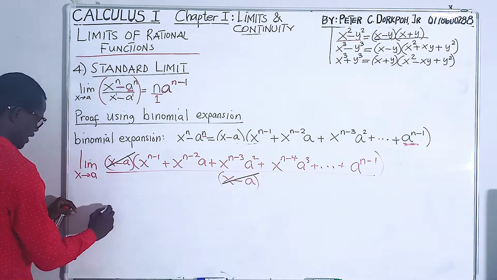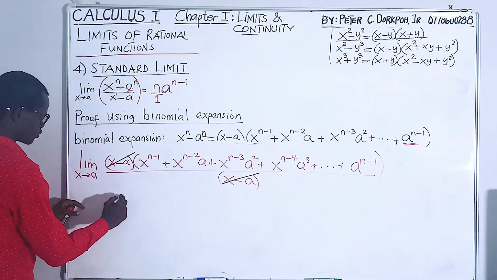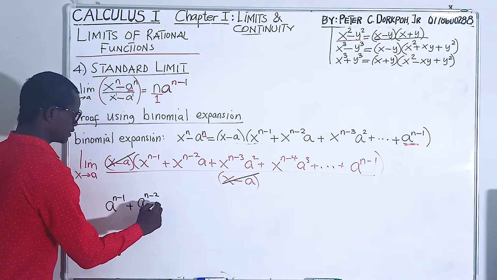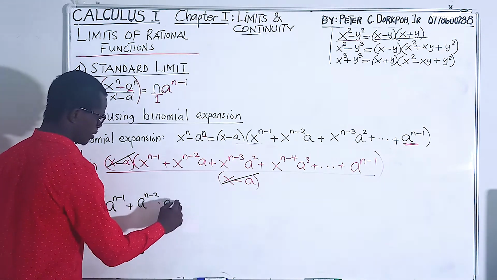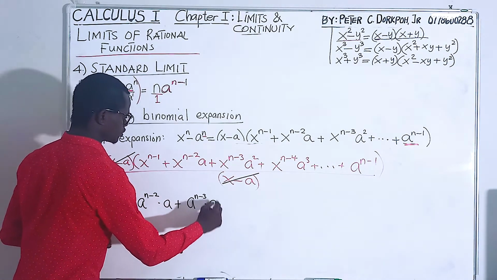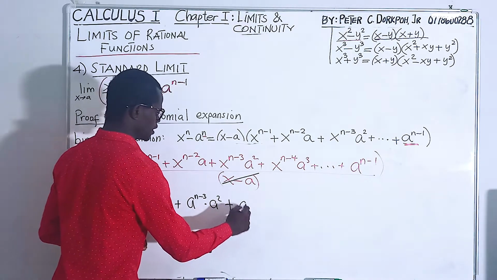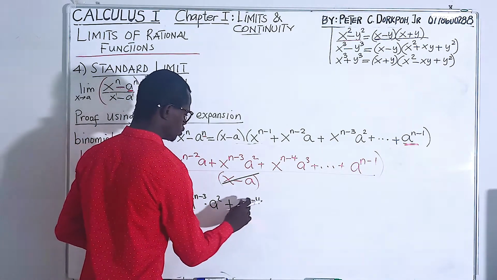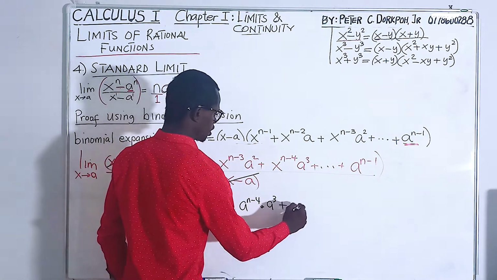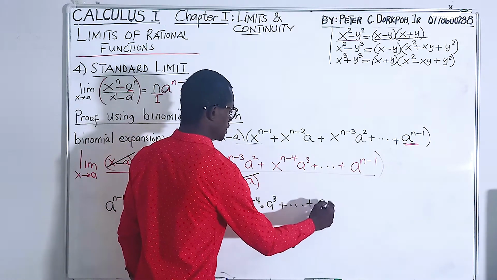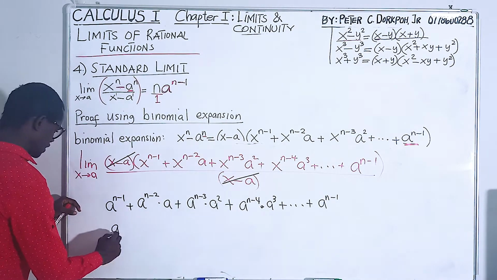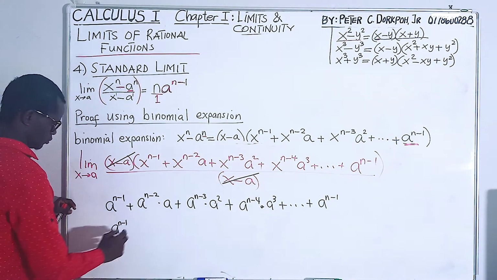So here now is a raised to the power n minus 1 plus a raised to the power n minus 2 times a plus a raised to the power n minus 3 times a squared plus a raised to the power n minus 4 times a cubed plus dot dot dot a raised to the power n minus 1. Let's simplify. The first one is a raised to the power n minus 1.